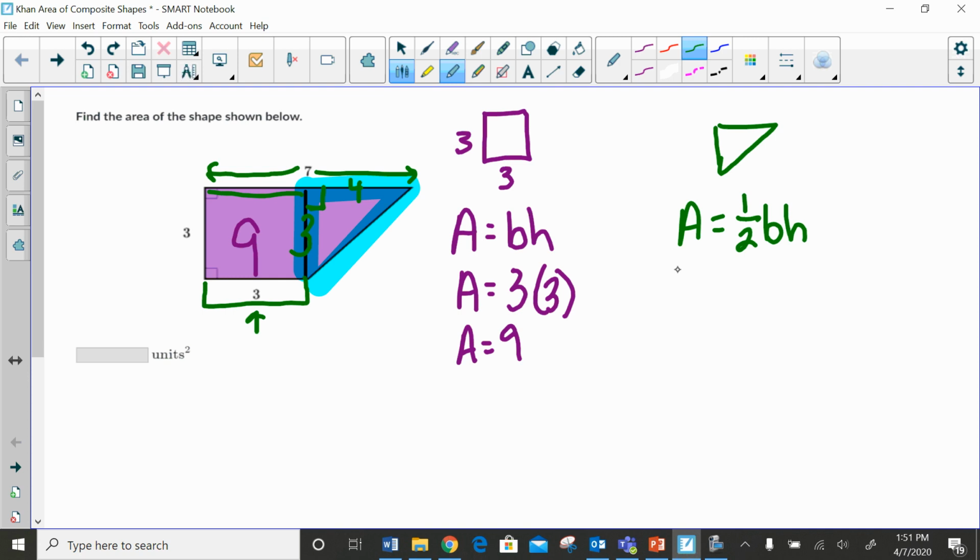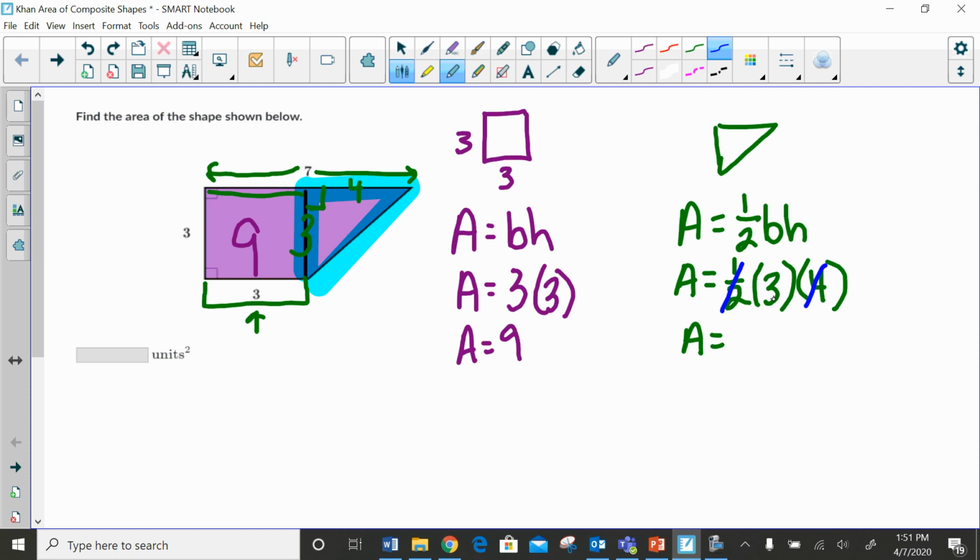So now we have all the information that we need, and I'm going to substitute. My area equals 1/2, the base of my triangle is 3, and the height of my triangle is 4. I'm going to take half of 4.